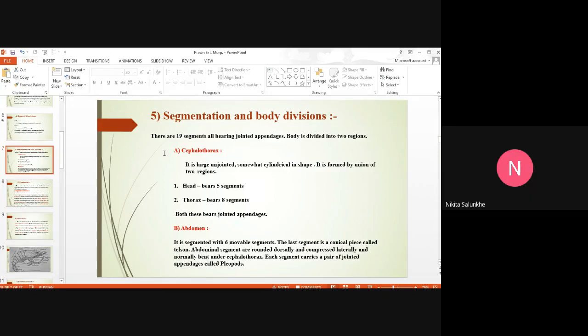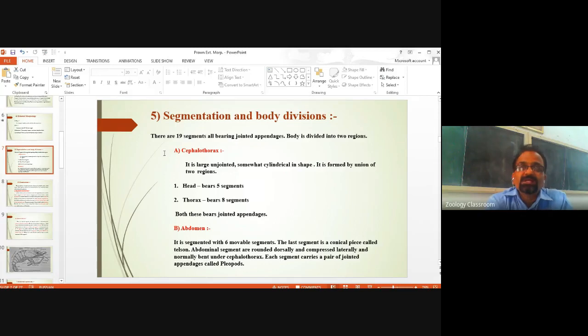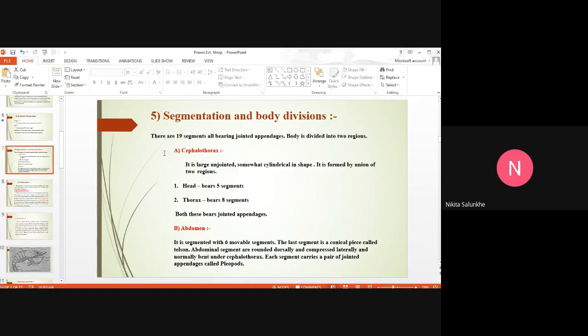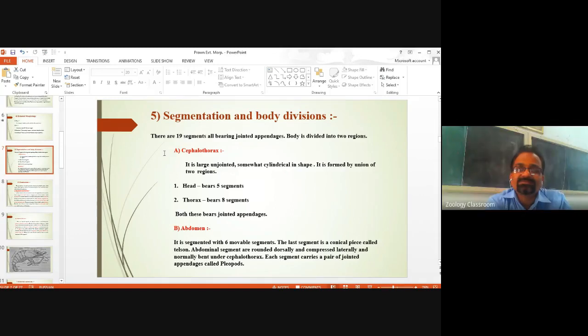Head and abdomen. No. So where are the legs of cockroach attached? Abdomen. No. How many pairs of legs are there in case of cockroach?